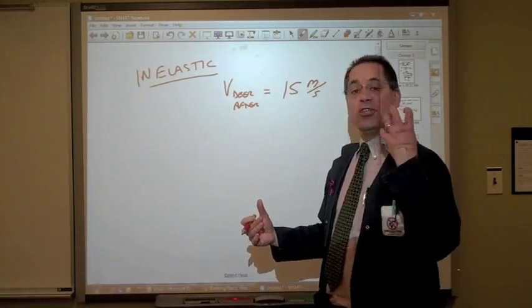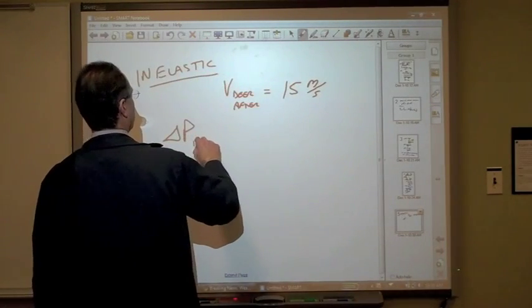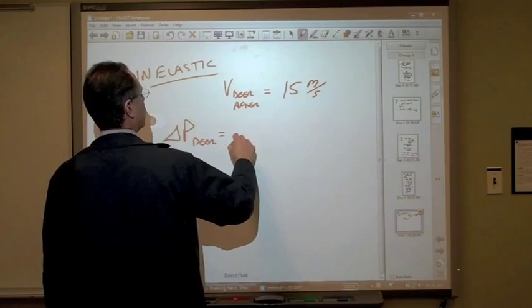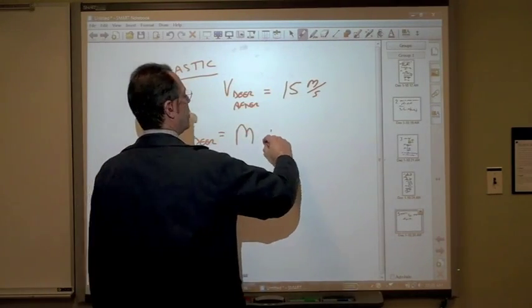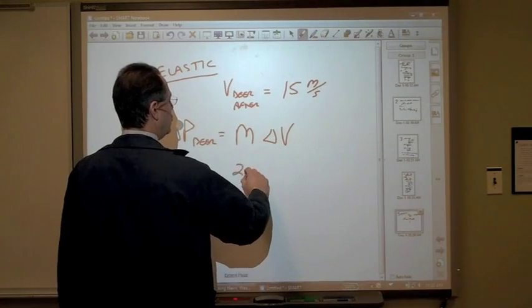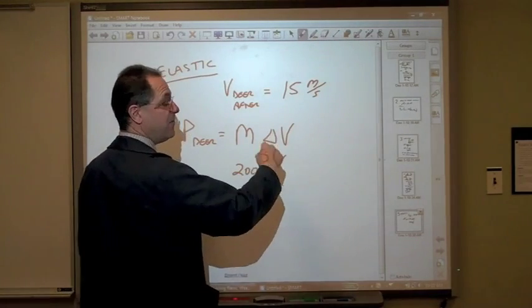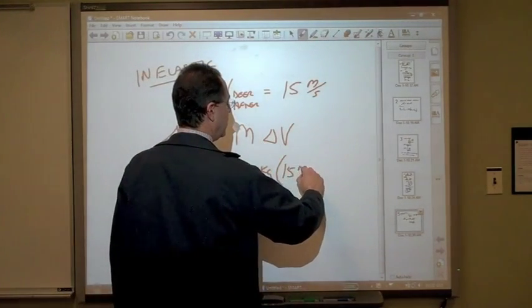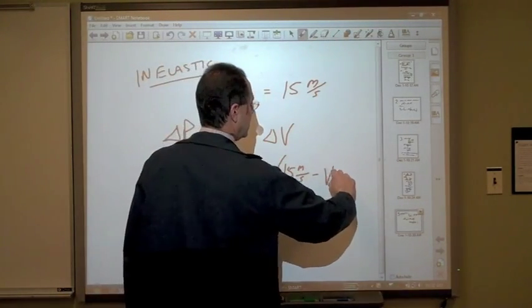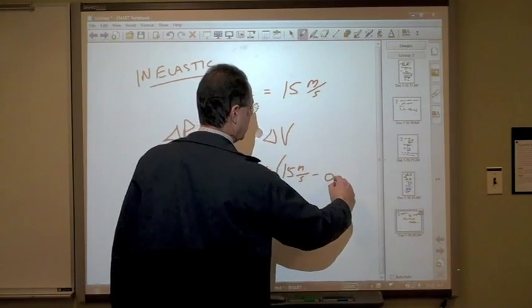So we can look at the change in momentum of the deer. Delta P for the deer is going to be equal to his mass times the change in velocity, or 200 kilograms, which is his mass, times V final, which is 15 meters per second, minus 0 meters per second, his velocity before, because he was at rest.